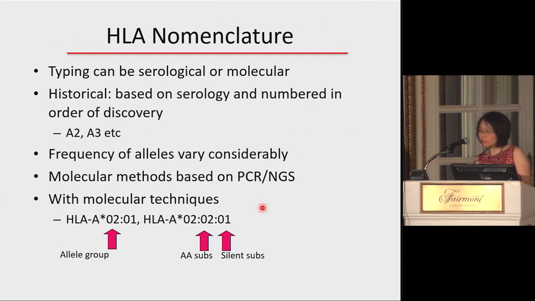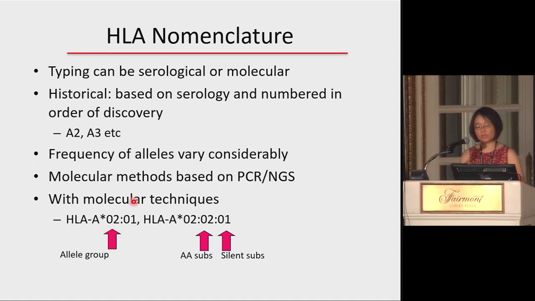But nowadays, at least in the US, most labs have moved towards what are called molecular methods, and this uses techniques like RT-PCR or next-gen sequencing to actually type HLA. With some of these molecular techniques, you'll get a higher degree of resolution, okay? Which means that you will get the allele group, and that's what this means, HLA-A*02, okay?